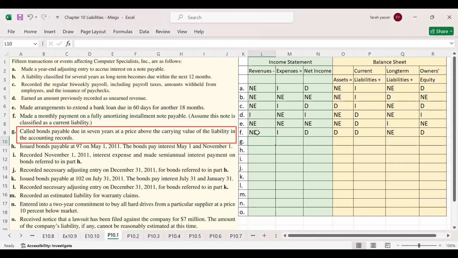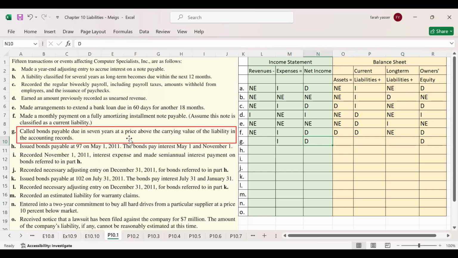In this transaction, the interest expense will be increased. As interest expense will be increased, this means that net income will be decreased, and the same impact is on the owner's equity, which will also be decreased.